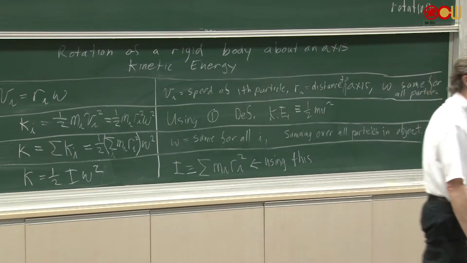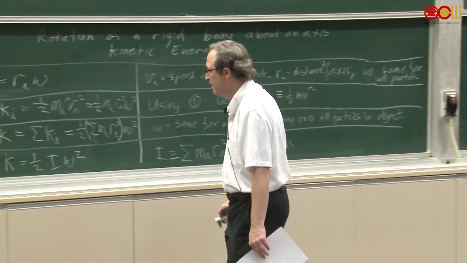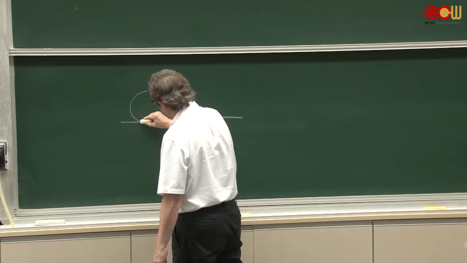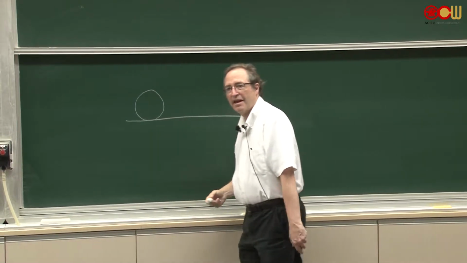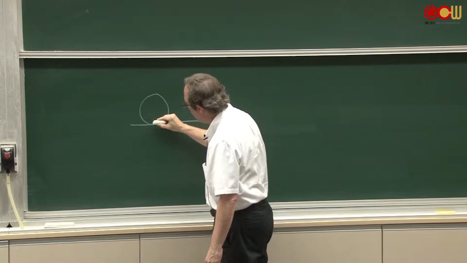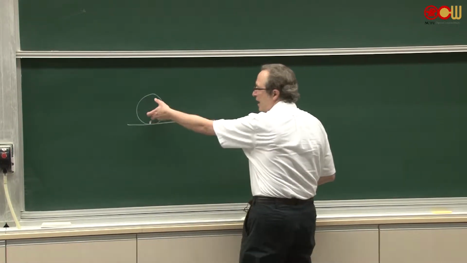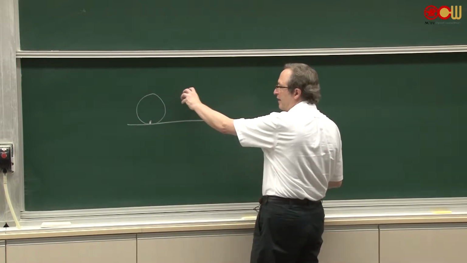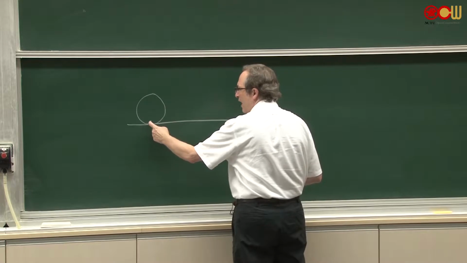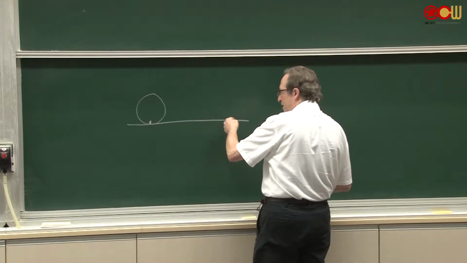We're going to do an object rolling and rotating. I want you to take your coin and make sure you notice what is at the bottom right there. Then I want you to turn this coin without it slipping, and measure how far this dot moves along here.